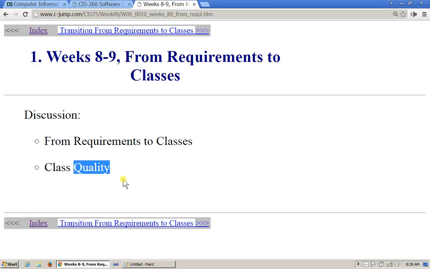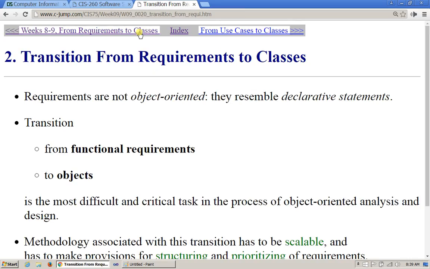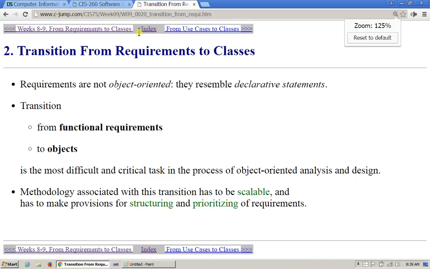Not that it doesn't happen, it actually happens all the time, but this should be more of a minor adjustment level of work, rather than major adjustment and major change all the time as we go through our stages or iterations of software development. So, generally speaking, on the topic of transition from requirements to classes.